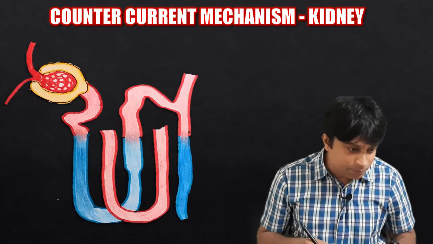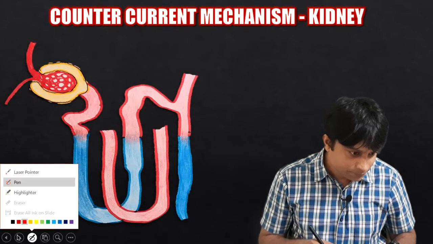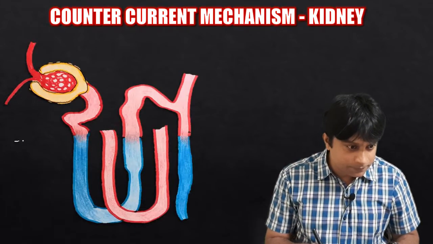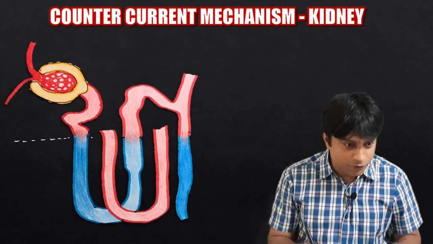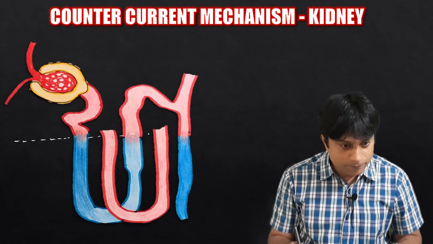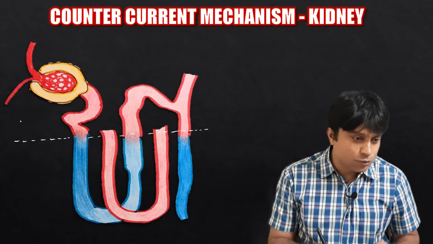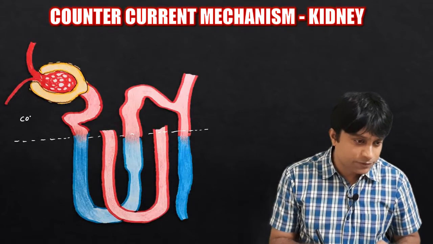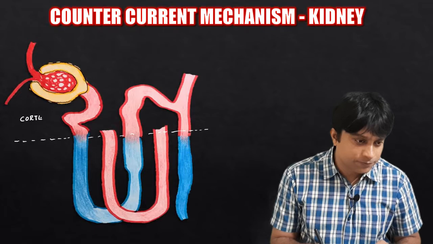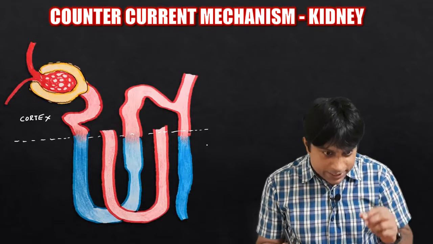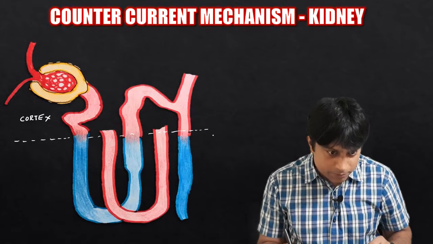So imagine this part of the nephron is present in the cortex. This is the cortex of the kidney. The remaining entire part is present in the medulla.